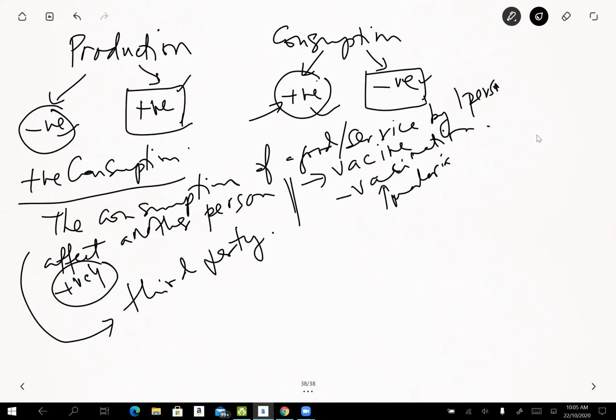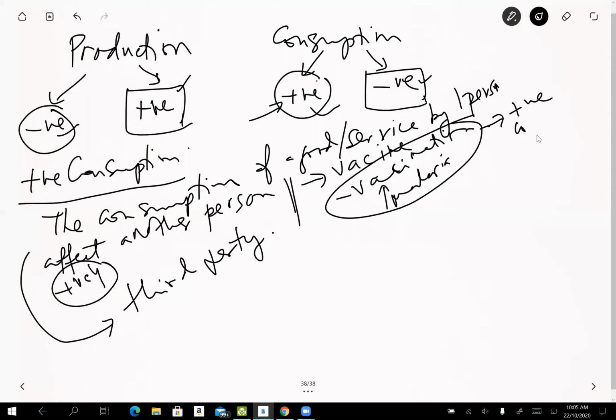And that vaccination will create a positive externality, positive consumption externality to others. Why? By consuming this vaccination, the others will benefit positively. How do they benefit?